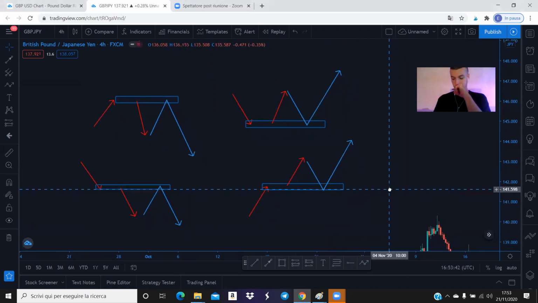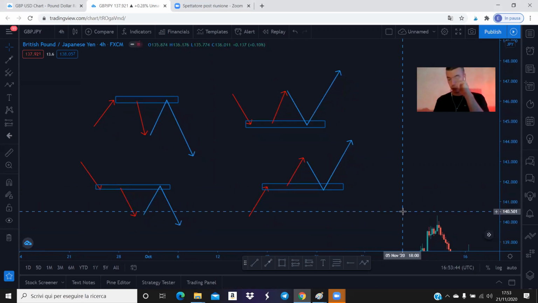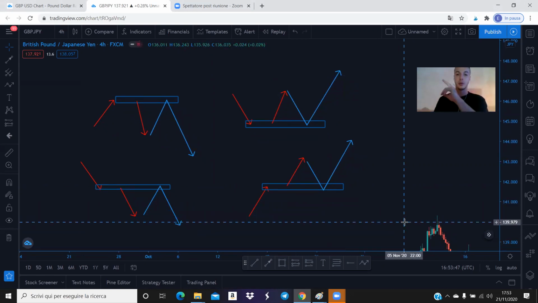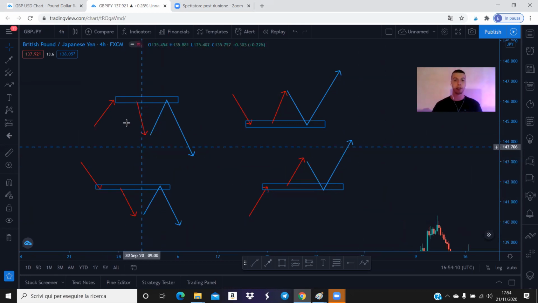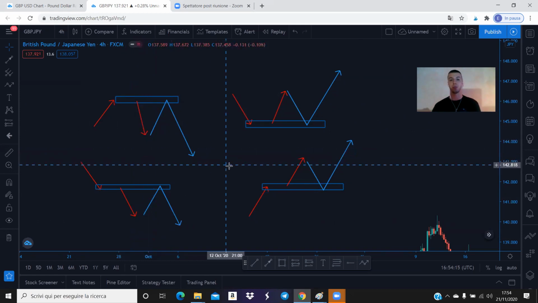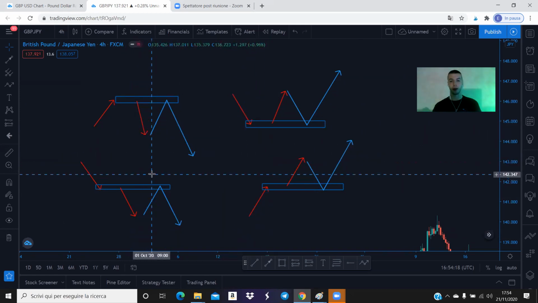Let me give you the three rules that you need to always keep in mind. Just remember that the first two rules are the most important ones, and the last rule is not as important, but keep them in mind. The first rule is the strength of the move, and we talked about it all the time in this lesson. The move has to be very strong, very big, and very quick in order to be considered a good supply or demand area.